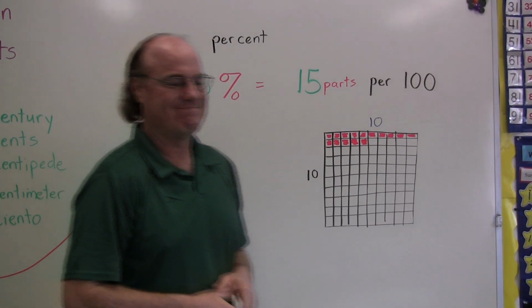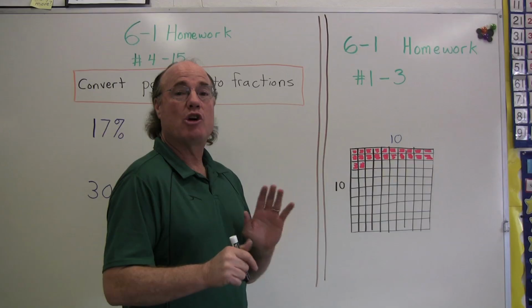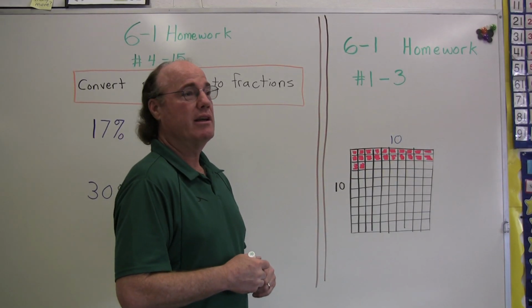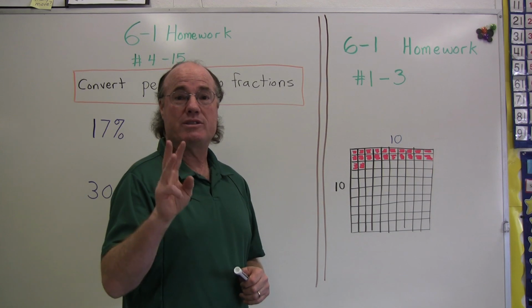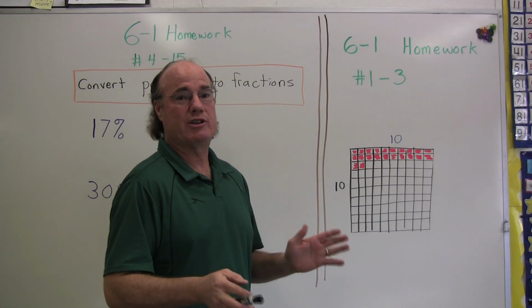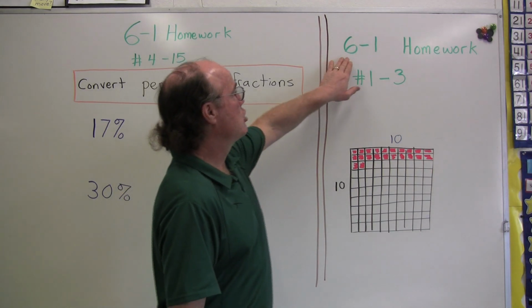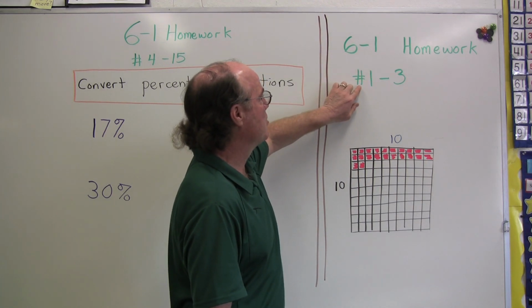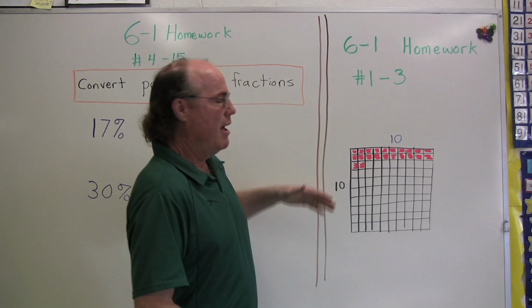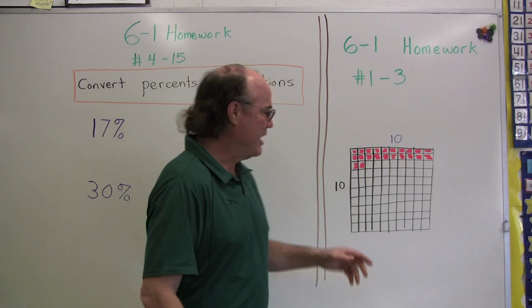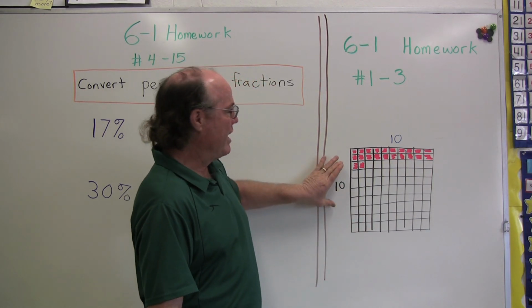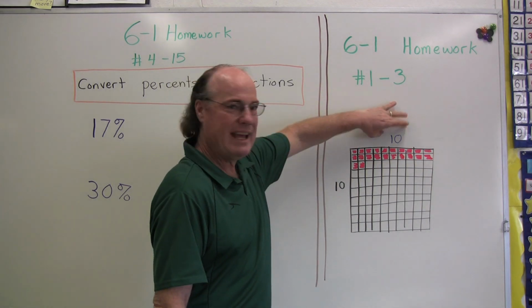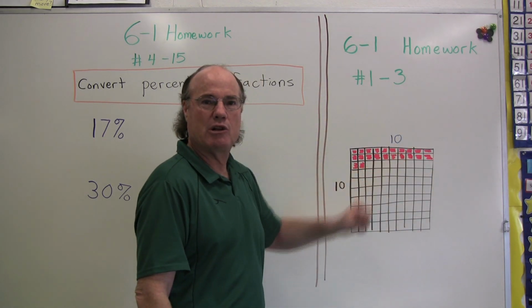All right? The homework workbook is divided up into 3 sections. The first section is way too easy, okay? If we look at the first section, it's problems 1 through 3, and in each one of the problems they give a grid that is 10 by 10, so it has 100 boxes altogether.